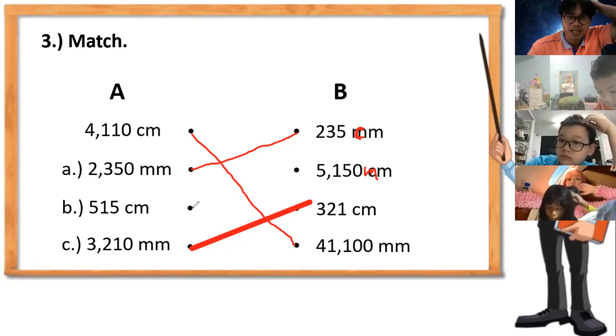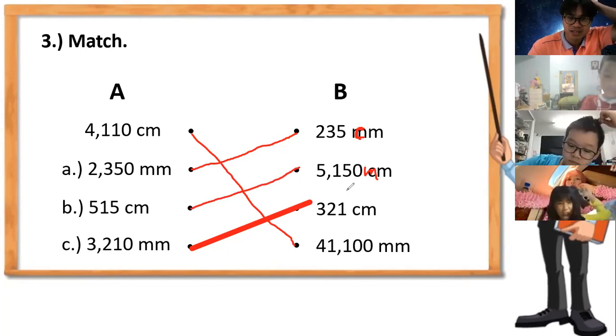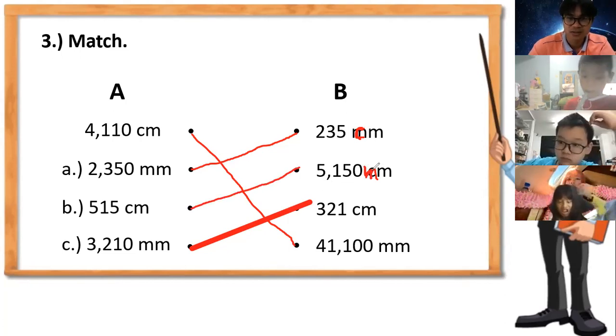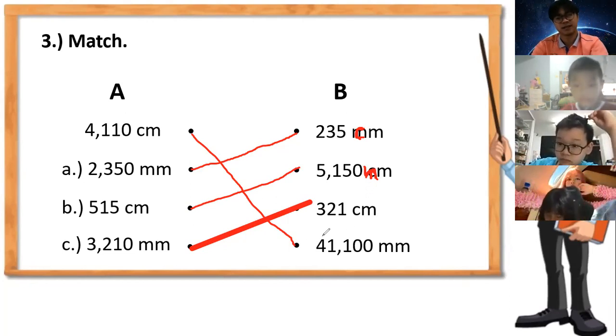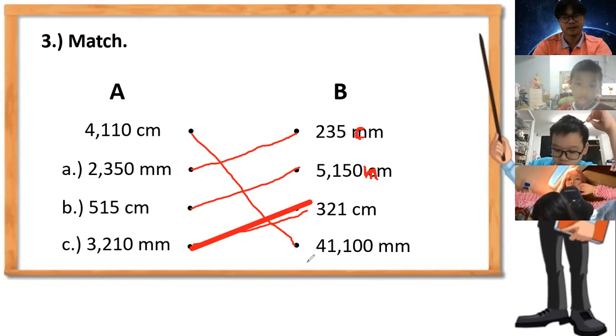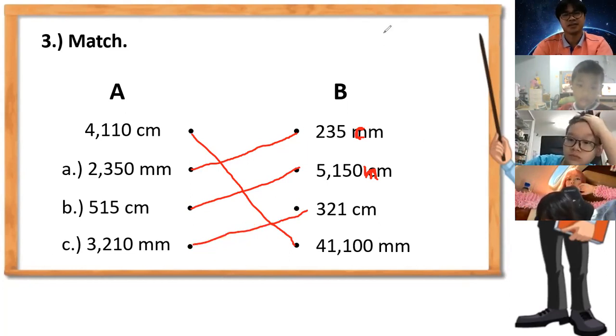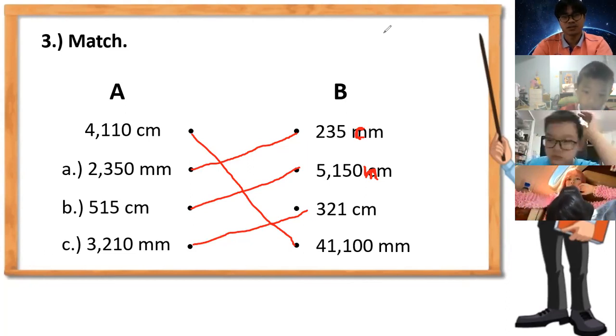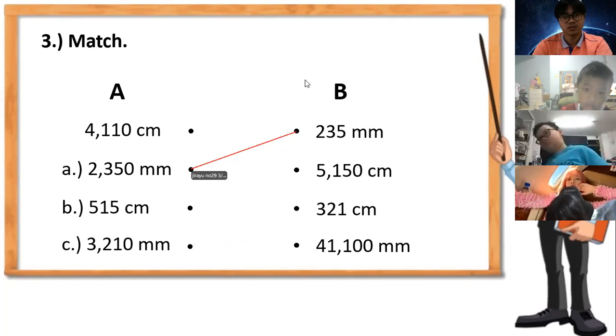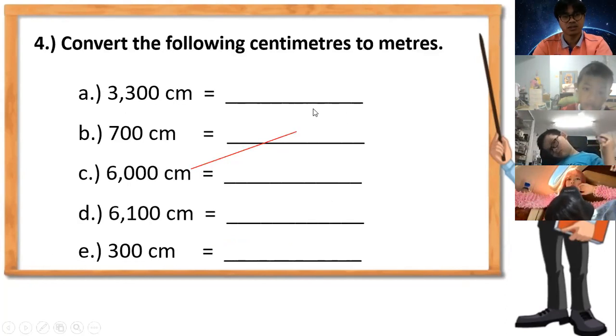Letter B is this one, so change it into millimeters. And letter C is this one. Very good, that's correct. All right, let's go to number 4.